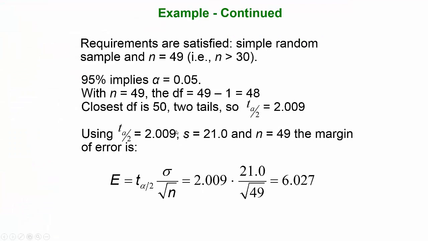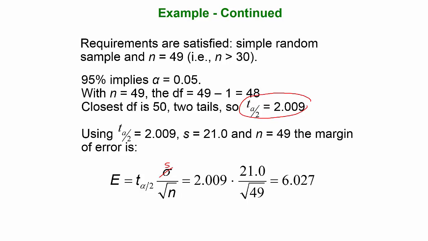Now that we have finished looking up our critical value t, we found that it was 2.009. Using that and the other information, we have E equals critical value t times standard deviation over square root of n. This should actually be an s for that notation.